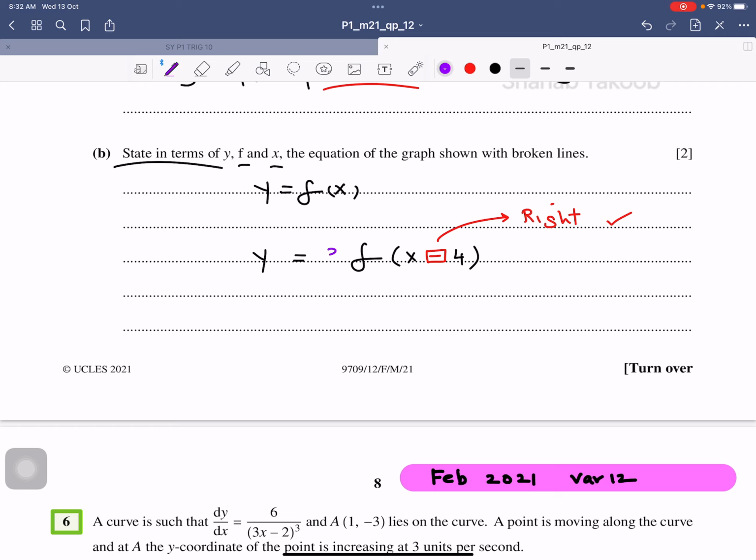Similarly, there is a stretch factor of 3. So this is the stretch factor along y-axis, and this is a horizontal shift to the right. So that's how the equation of the transformed graph is written in terms of y and f and x.